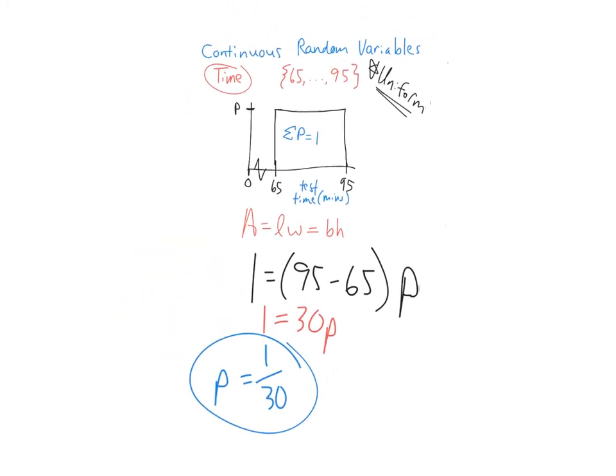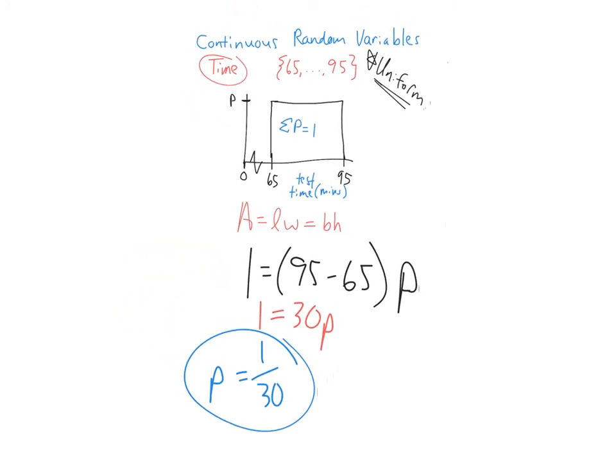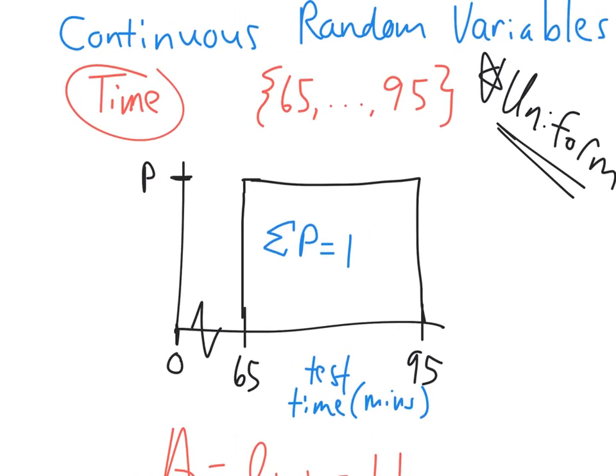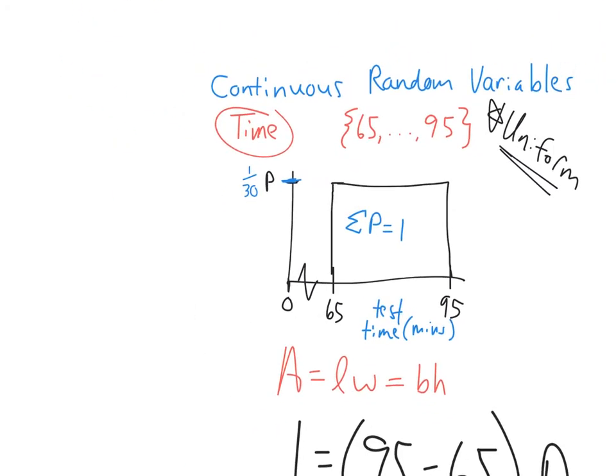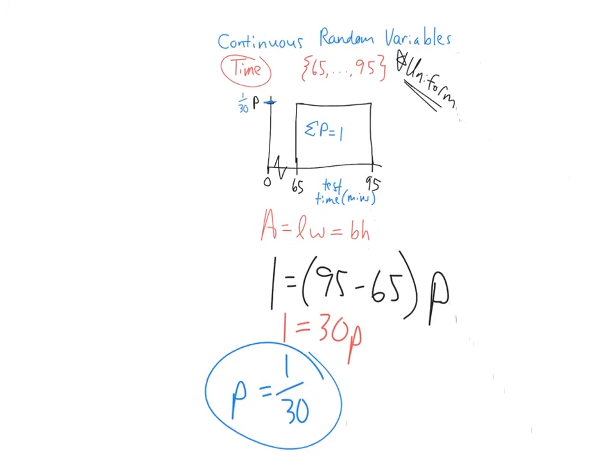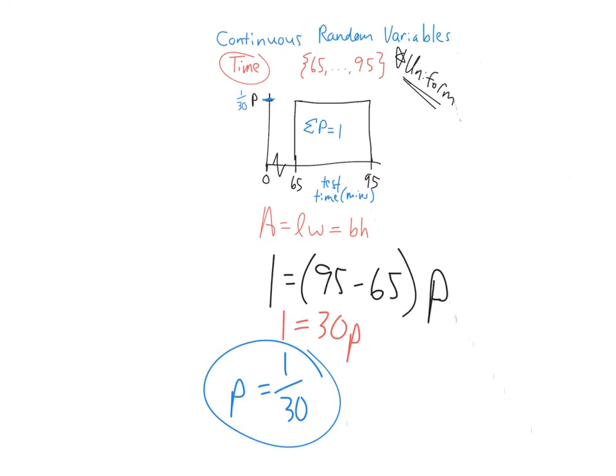And if we zoom out, we can see the big picture there, that this uniform probability is 1 over 30. And that concludes the first part of this example. Let's call this part A.